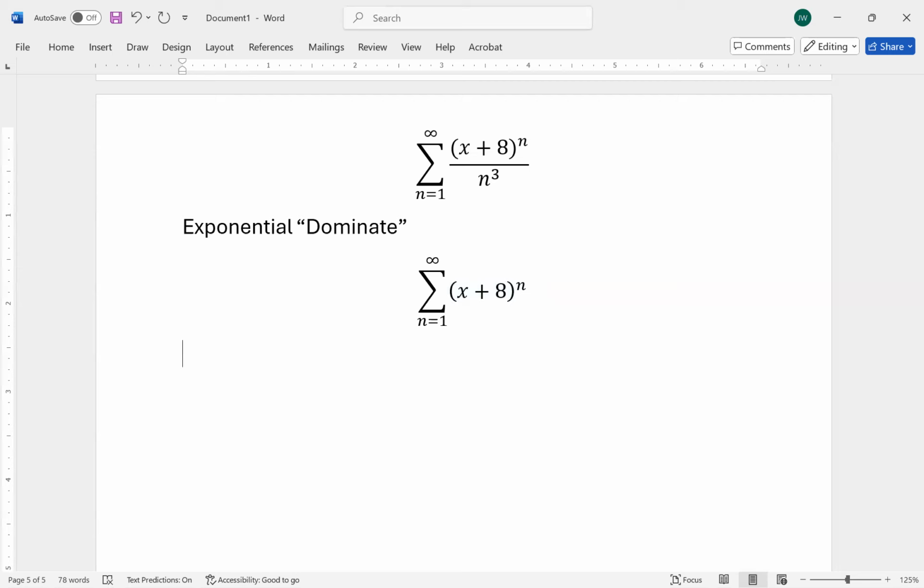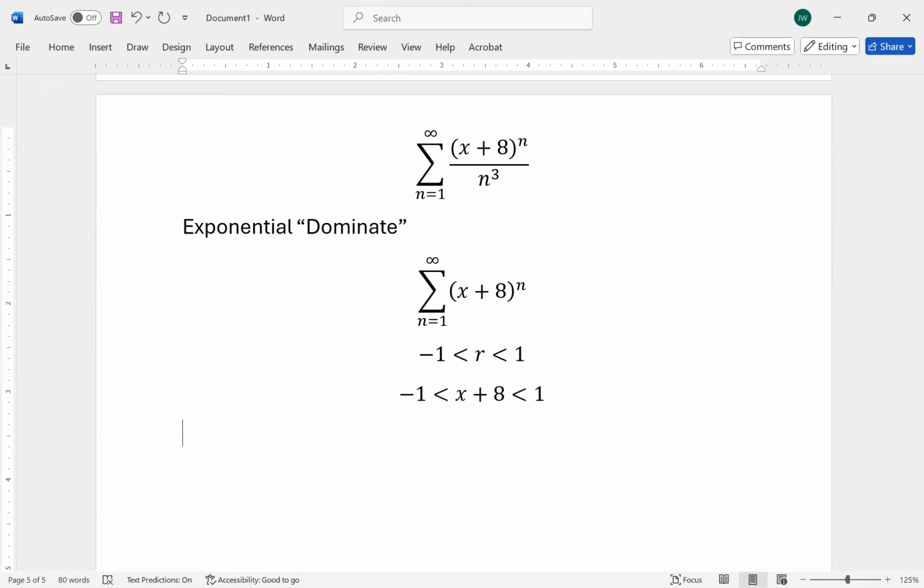And I know that one looks geometric with r equals x plus 8. I know that when it's geometric, we converge when r is between -1 and 1. So in this case, we want our x plus 8 to be between -1 and 1.